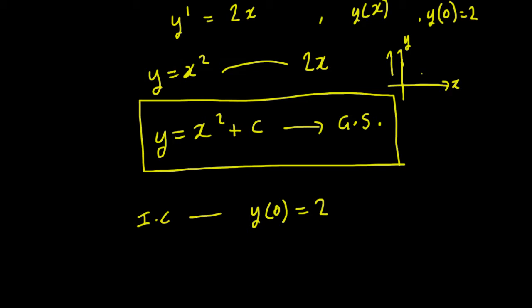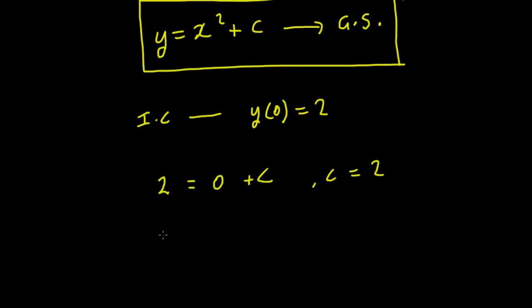So given that initial condition, we can find that value of c, that constant. So we can say that when y equals 2 and x equals 0, so we put in 0 for x, so 0 squared is 0. That would mean that c must equal 2.